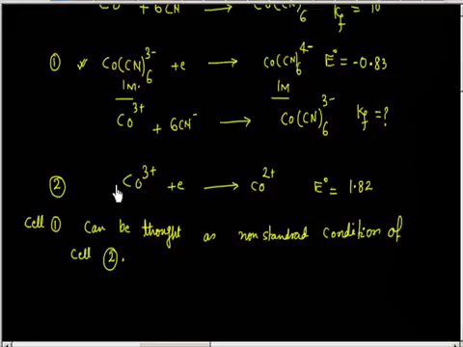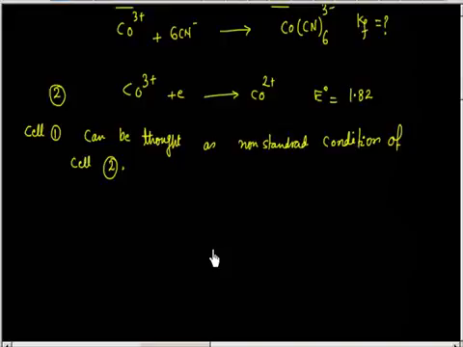That is my task. What is the concentration of Co2 plus and what is the concentration of Co3 plus at the non-standard condition? These are the only two tasks we have.